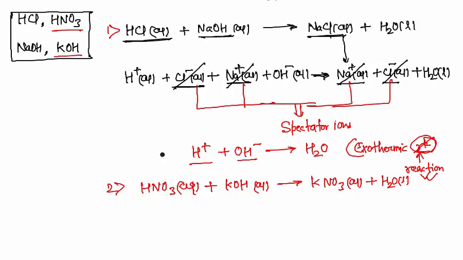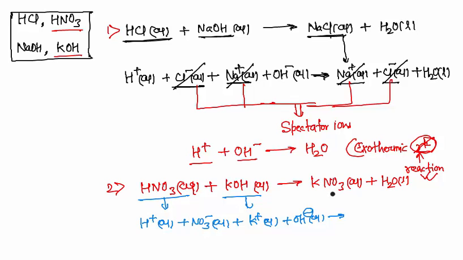Again it's a strong acid, it will break into H plus aqueous and NO3 minus aqueous. Again it's a strong base, it will break into K plus aqueous plus OH minus aqueous.